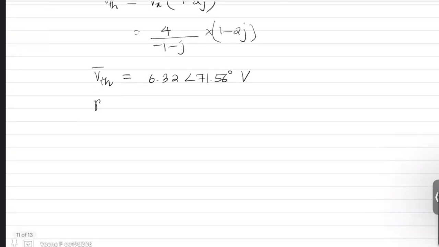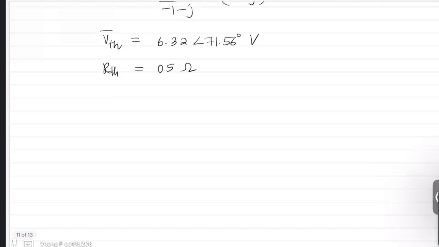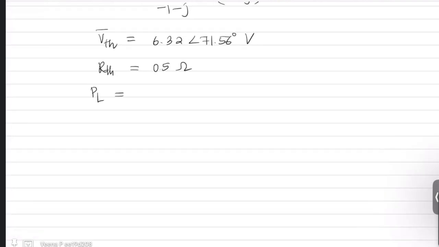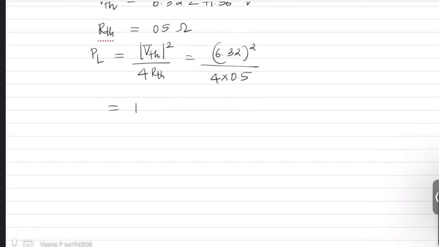So you have your Vthevenin and you have your Rthevenin. Rthevenin you obtained as 0.5 ohms. So you will get the maximum power transferred as Vthevenin magnitude square by 4 times Rthevenin, which is 6.32 square divided by 4 times 0.5. This will come out to be 19.97 watts.